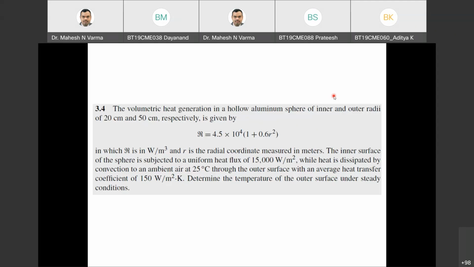Now we have generated our understanding that heat transfer is similar to mass transfer is similar to momentum transfer. So similar problems in mass transfer you should solve with the same efficiency and easiness. In momentum transfer also you should be able to solve. Okay, take down all the given data and solve this problem.